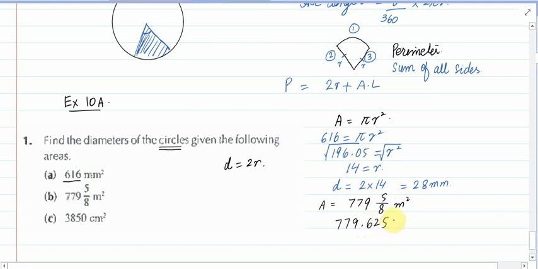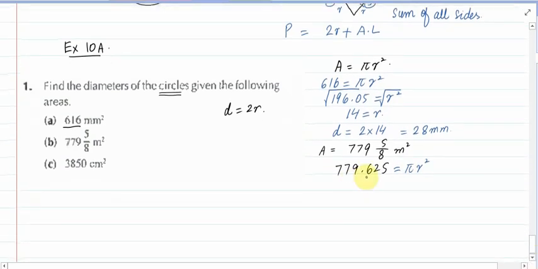So it's 779.625. Now the working formula for area is pi r square. Now you need to divide this expression by pi. So it will be 248.13 equals r square, and then root on both sides.